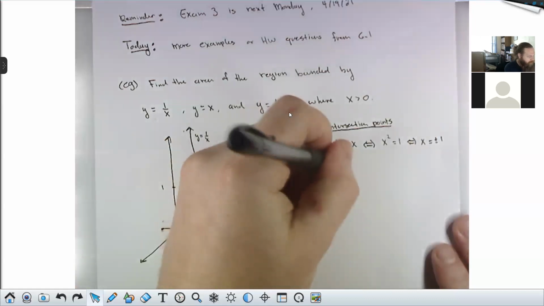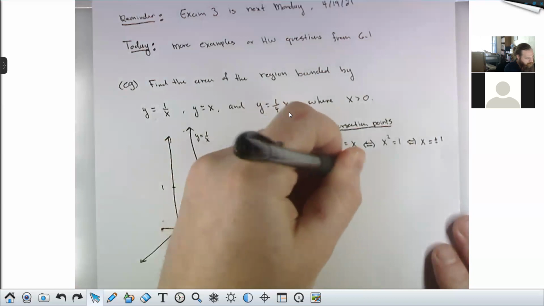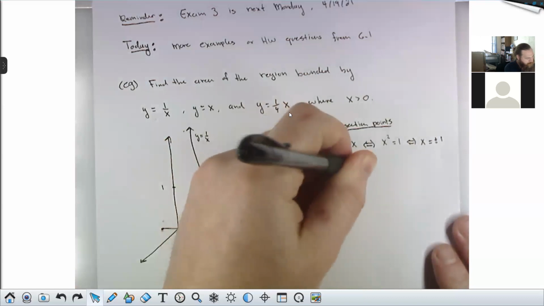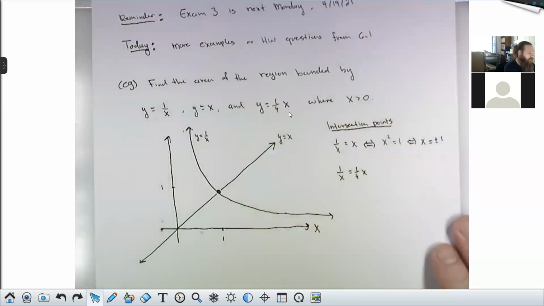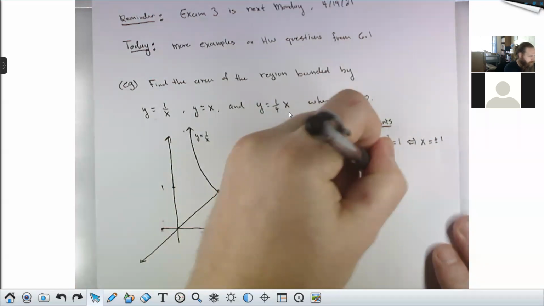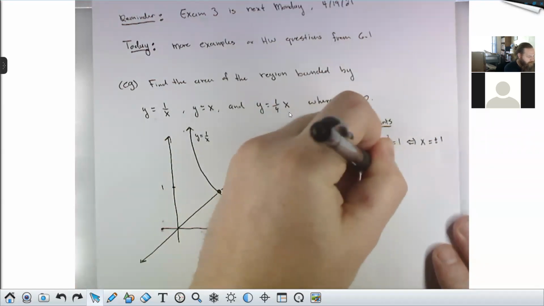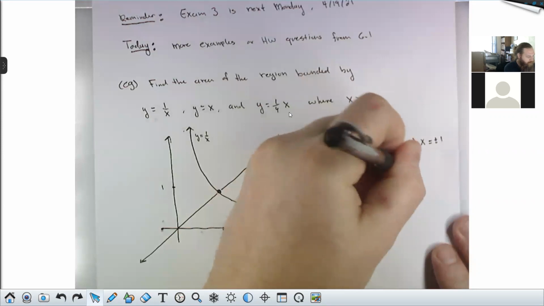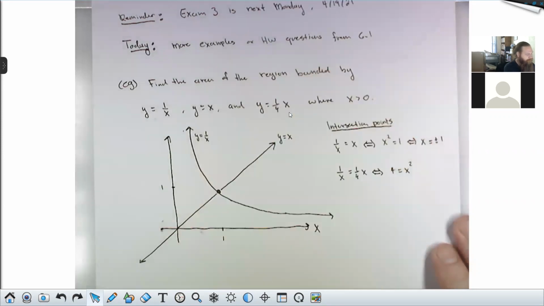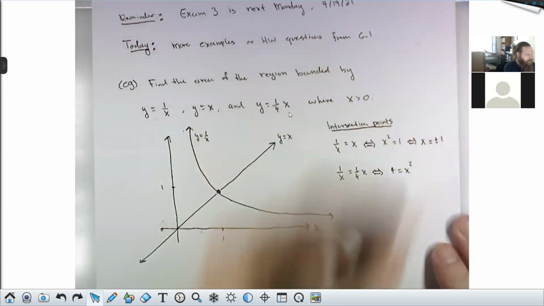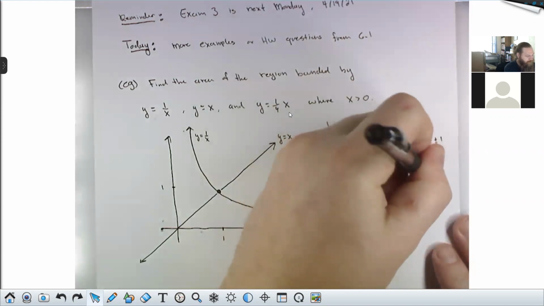But when 1 over x is equal to 1/4 x, if you cross multiply everything here, you get 4 equals x squared. And that means that x has to be plus or minus 2.